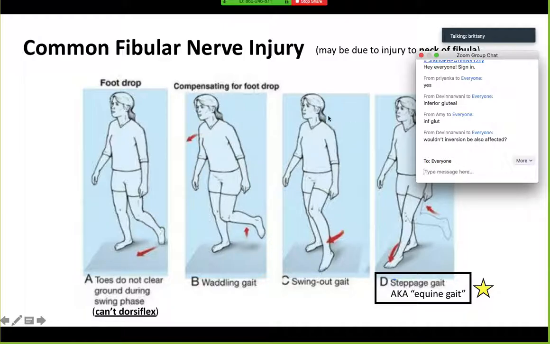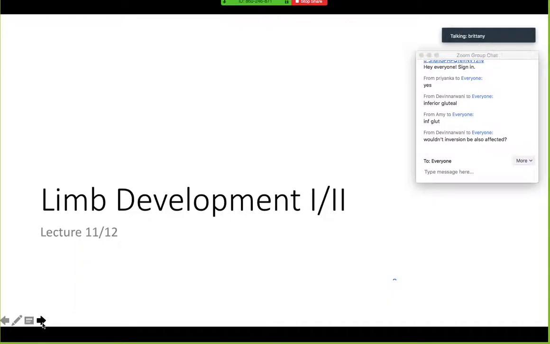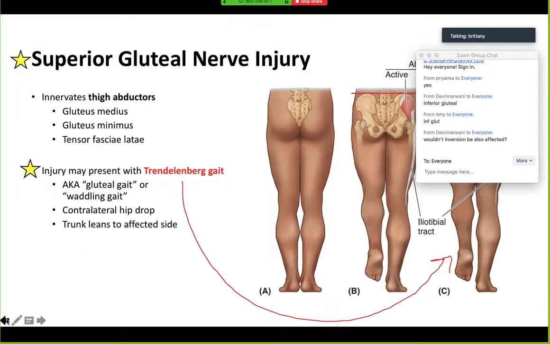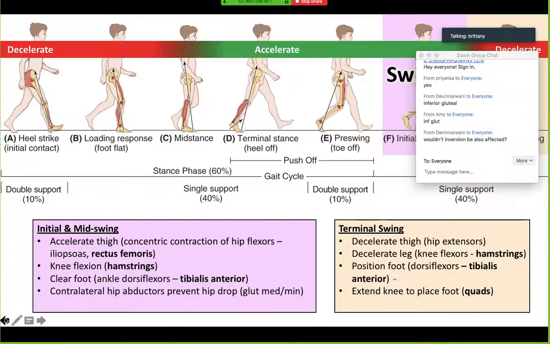That's one way he could test this, is to show you an x-ray with a fracture to the neck of the fibula. So my advice for this lecture: no steppage gait, no Trendelenburg, and then you're probably going to get 1 to 2 questions about the specifics of this. Unfortunately, it's really just memorization.